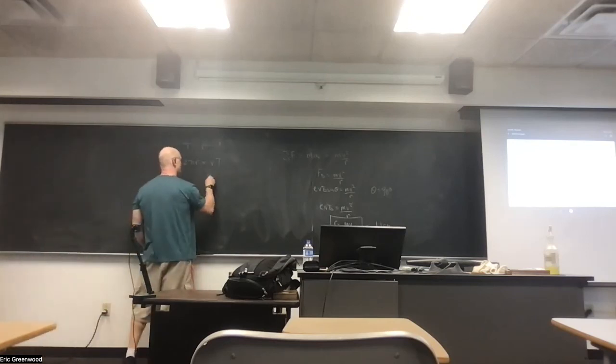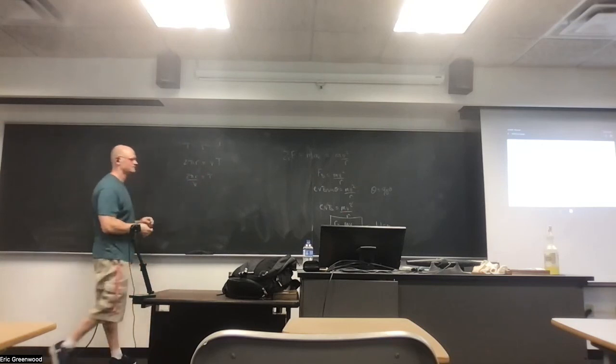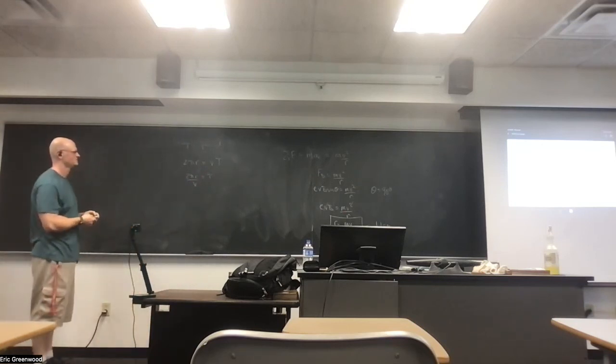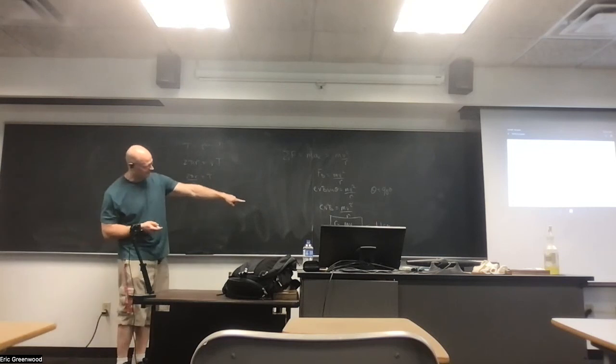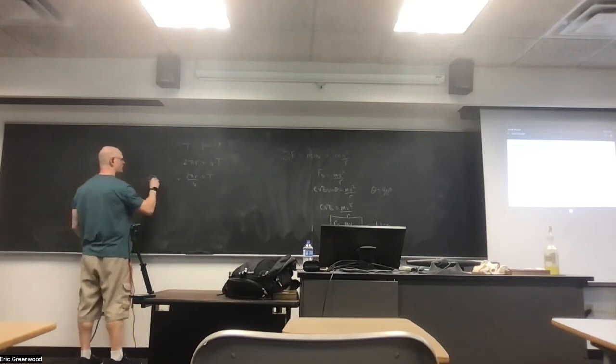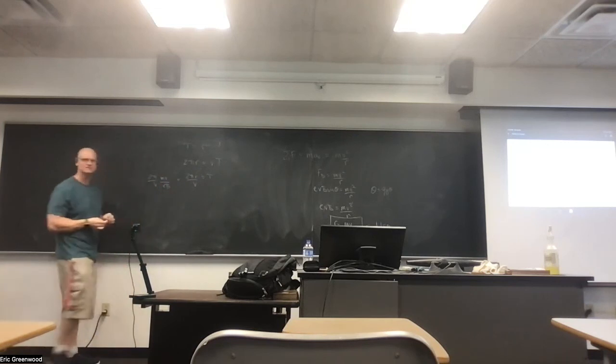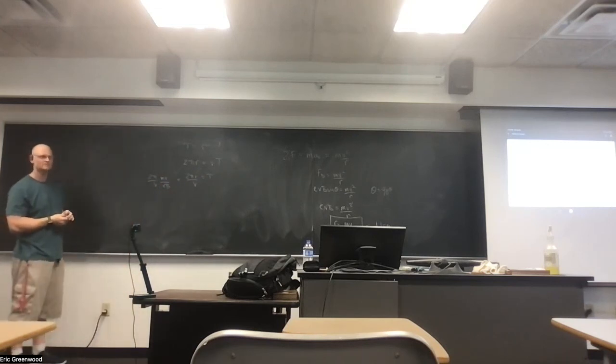So this tells me that my period is going to be 2 pi r divided by the velocity. Now, from here, I can replace the r with mv over eB. So let's go ahead and do that. So it's then going to be 2 pi over v times mv over eB.